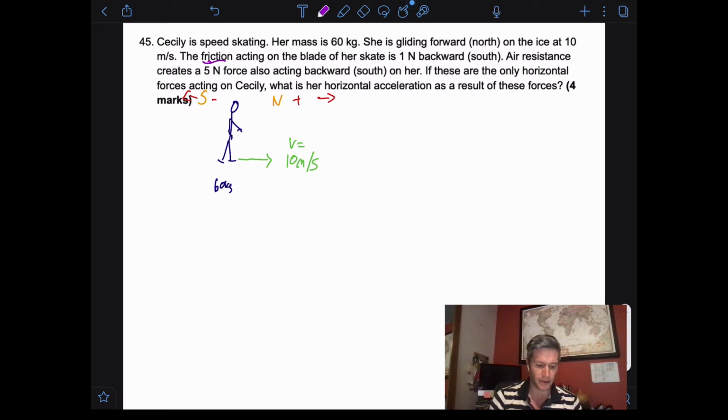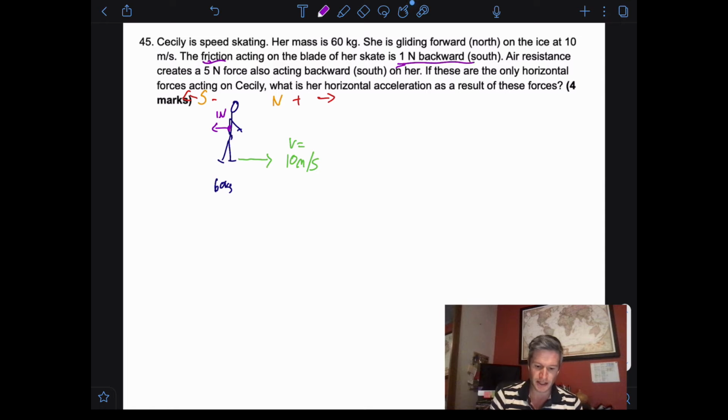So this is a parallel one. Even if that was information we didn't cover in class, doesn't matter. This question gives you all the information you need. So you know already that there's at least 1 Newton of force working backwards on Cecily here.